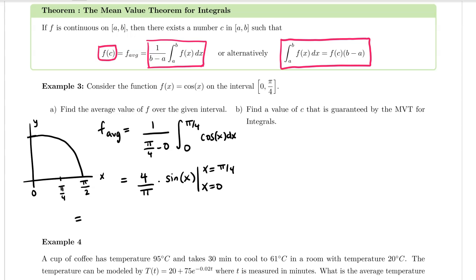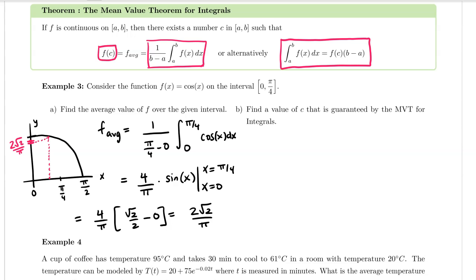That's going to end up being 4 over pi times sine of pi over 4, which is root 2 over 2, and sine of 0 is 0. So that's going to simplify to 2 root 2 over pi. So somewhere like here, we have 2 root 2 over pi, and that's going to be somewhere like there.